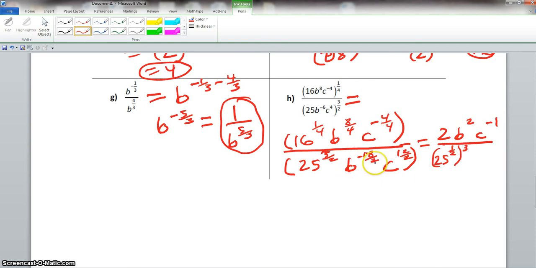Now b to the negative 18 over 2 is b to the negative 9. And c to the 12 over 2 is c to the 6th. Now, first of all, we know we would have 2b squared in our numerator.